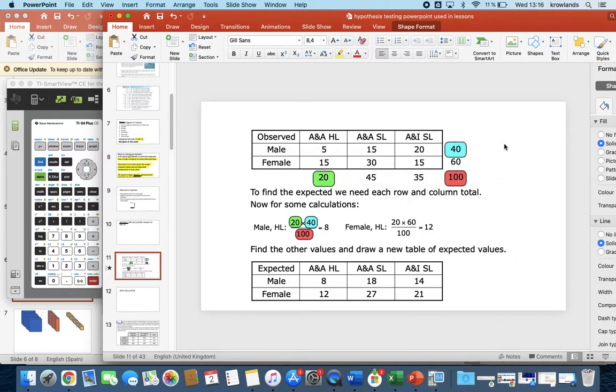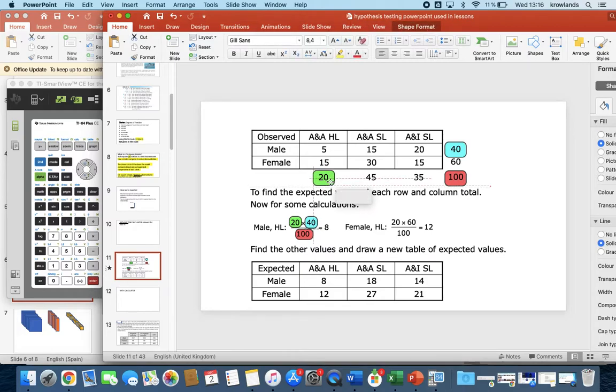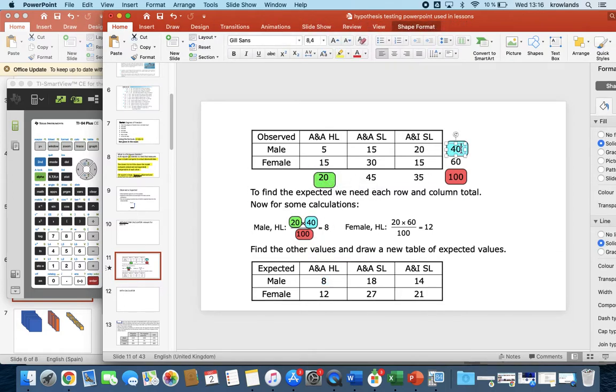So in order to find out the expected numbers, what you have to do is get the column total, times it by the row total, and then divide it by the overall table total. So to find the new value, which is 8, we have to do 20, which is this number here, times 40 divided by 100.